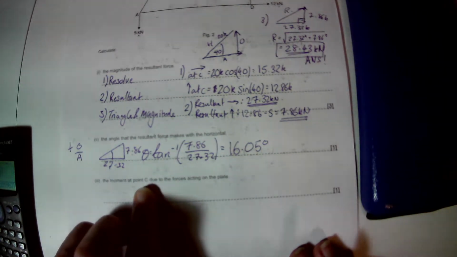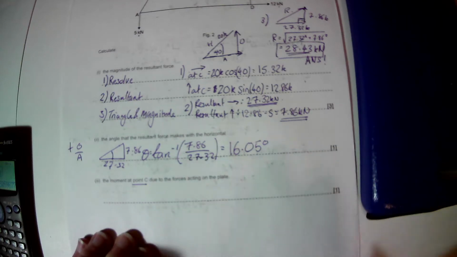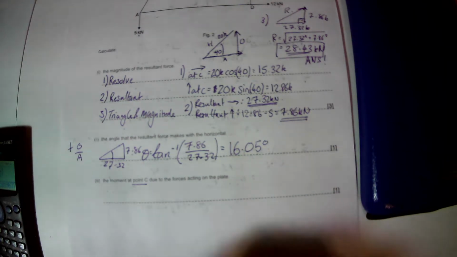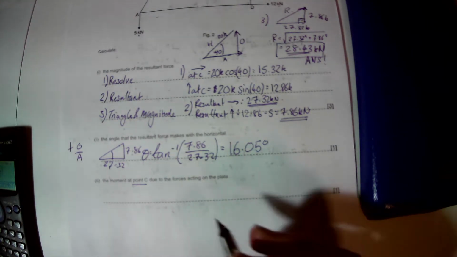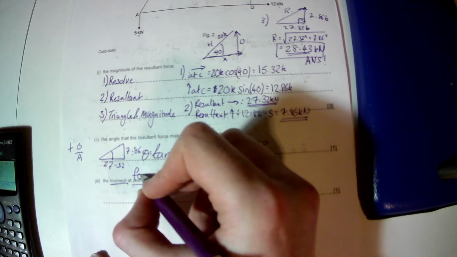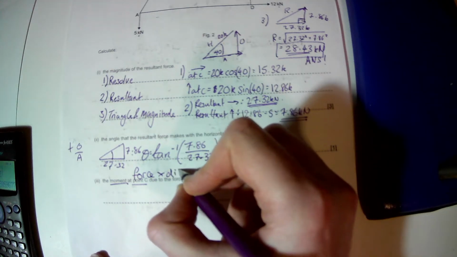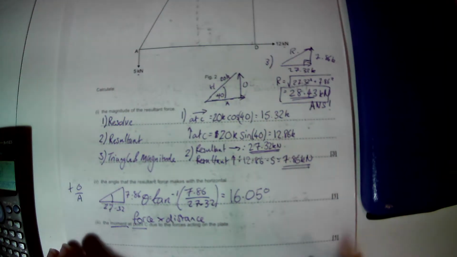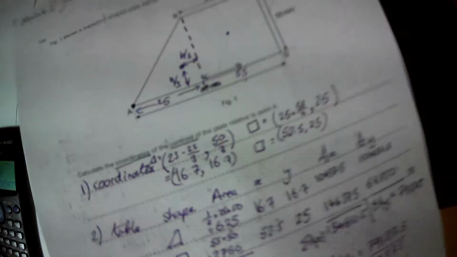Right, the moment at point C due to forces acting on the plate. Here we need to know that a moment is a force times the perpendicular distance, and we're also going to need to know our dimensions. Now our dimensions, because they're going to try and trick us, they gave us on the last page.